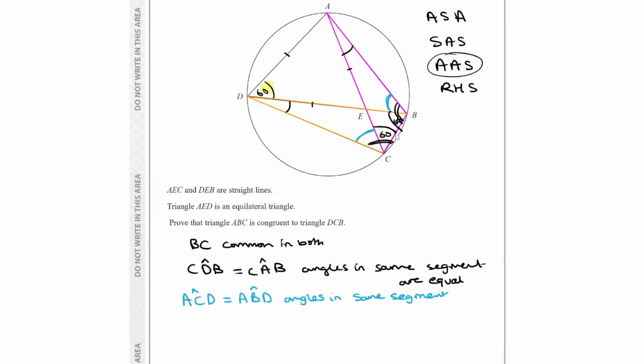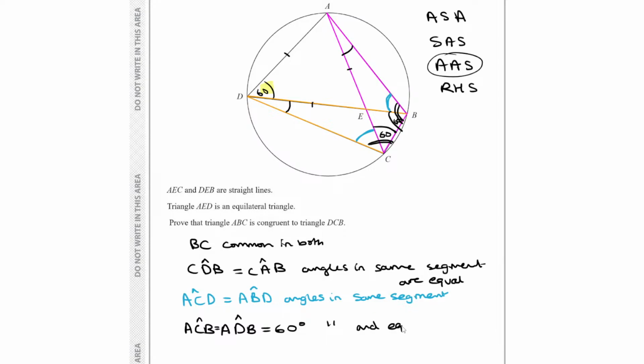And then the other reason was that angle ACB is the same as angle ADB, which is specifically 60, because of the equilateral triangle and because of the exact same reason, the angles in the same segment are equal. So I'll put a little kind of thing there.